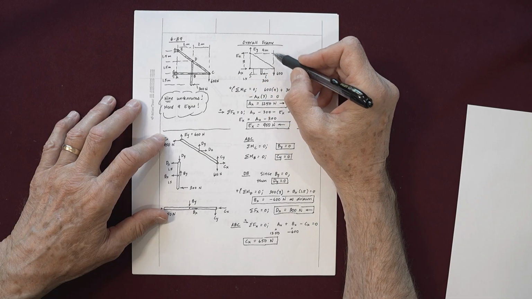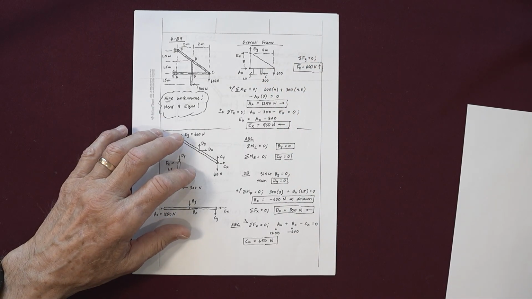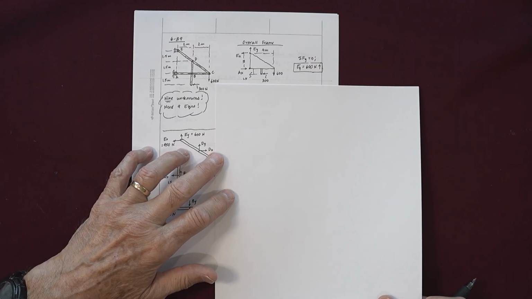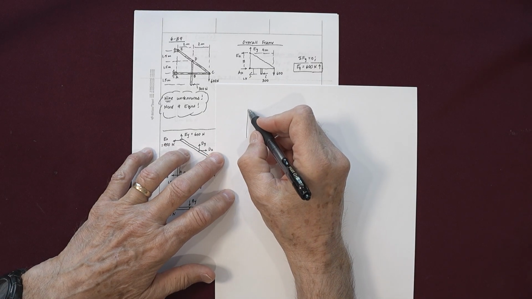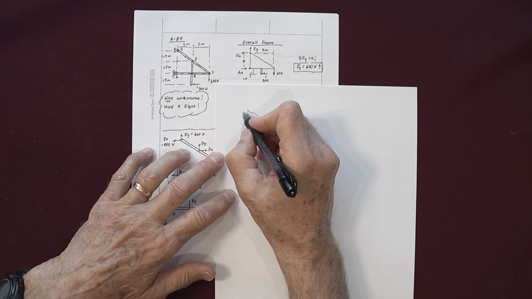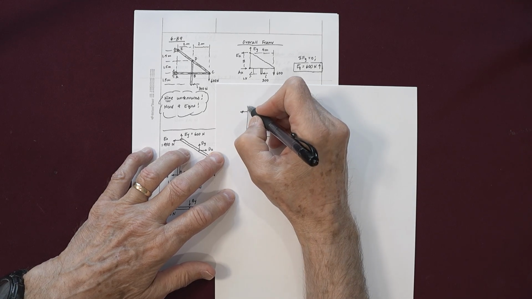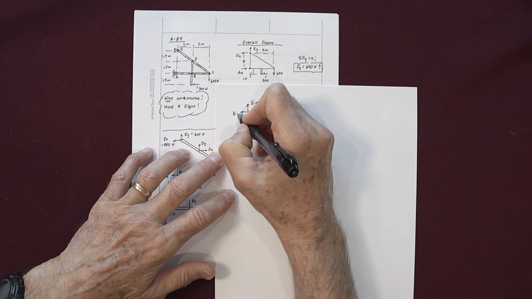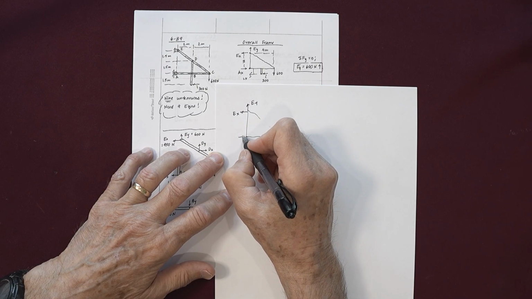To draw the free body diagram of the overall frame, you don't need to include all the details. So let me do that on this piece of paper. You can just draw a basic triangle like this, none of the details. I can draw an EX, an EY, an AX.